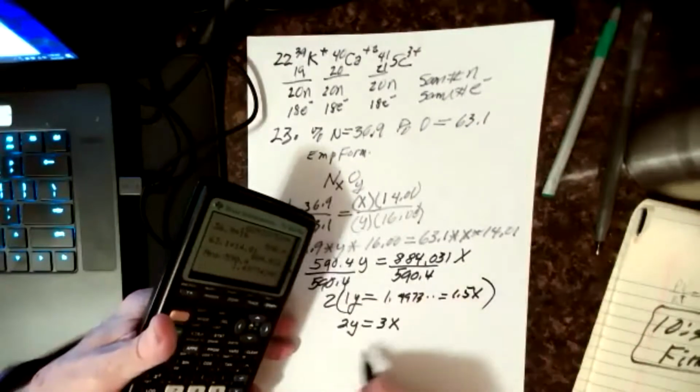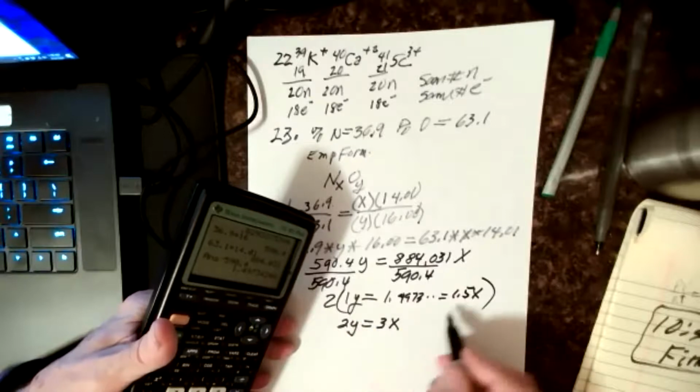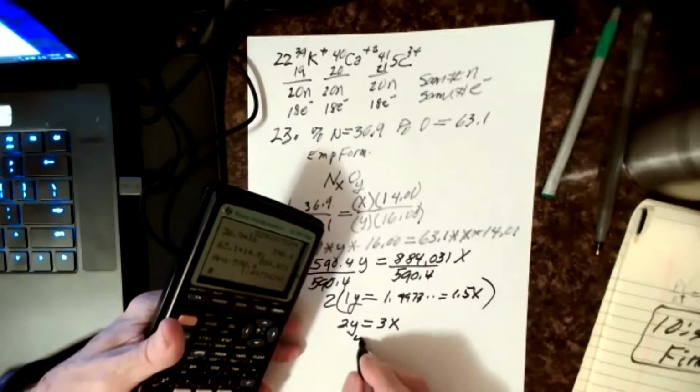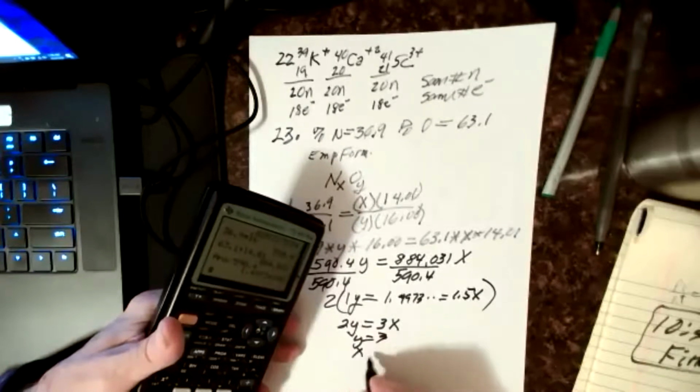Multiply by 2: 2 times 1 is 2, 2 times 1.5 is 3. Y is equal to 3 and X is equal to 2.